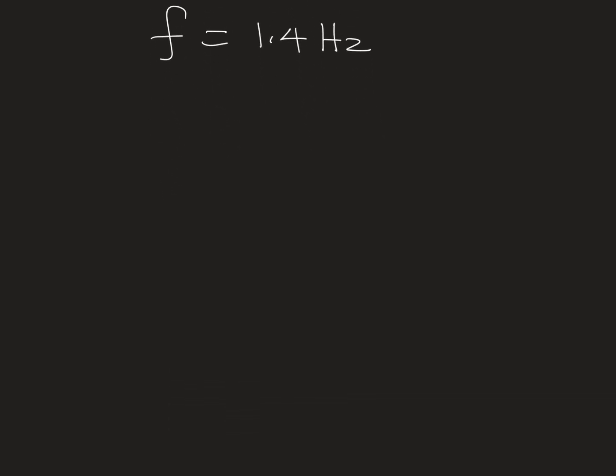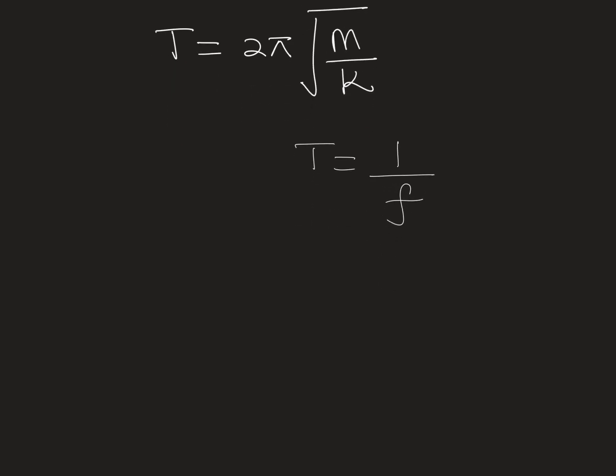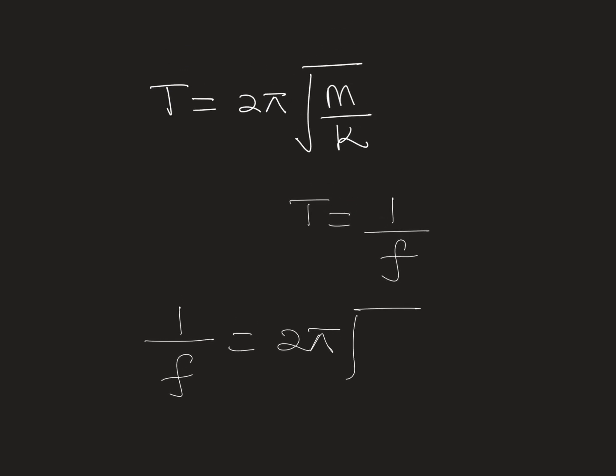But if you can remember the formula for period, which is period is equal to 2 pi the square root of m divided by k, and you know that period is also the inverse of the frequency, so we can say 1 over f is equal to 2 pi the square root of m all over k.